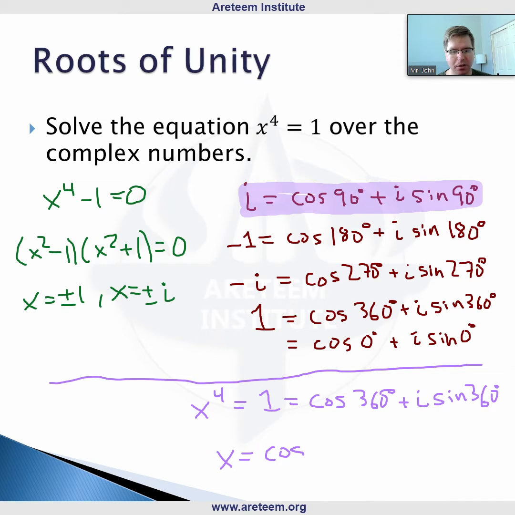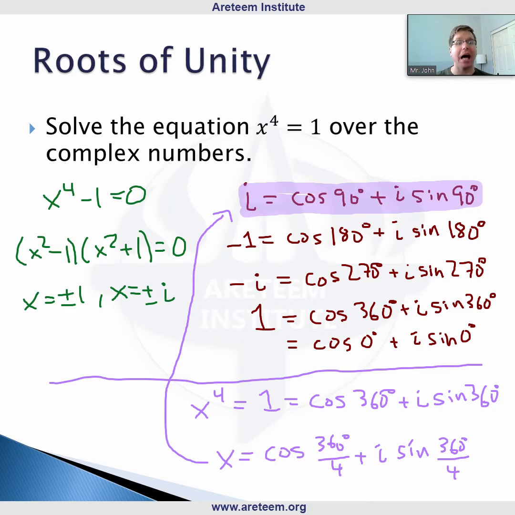And so we can get cosine of 360 degrees divided by 4 plus i sine of 360 degrees divided by 4. That actually would give us our first root there. This x solution there is i, that is cosine of 90 degrees plus i sine of 90 degrees.